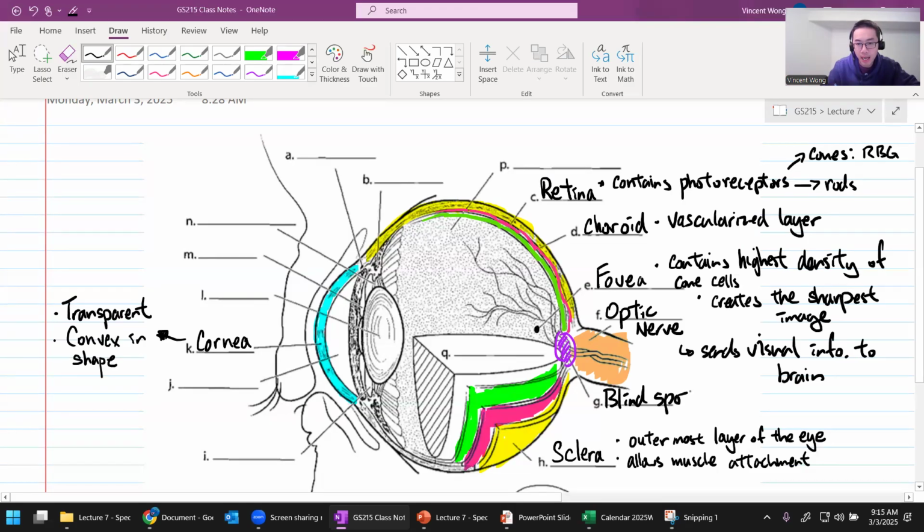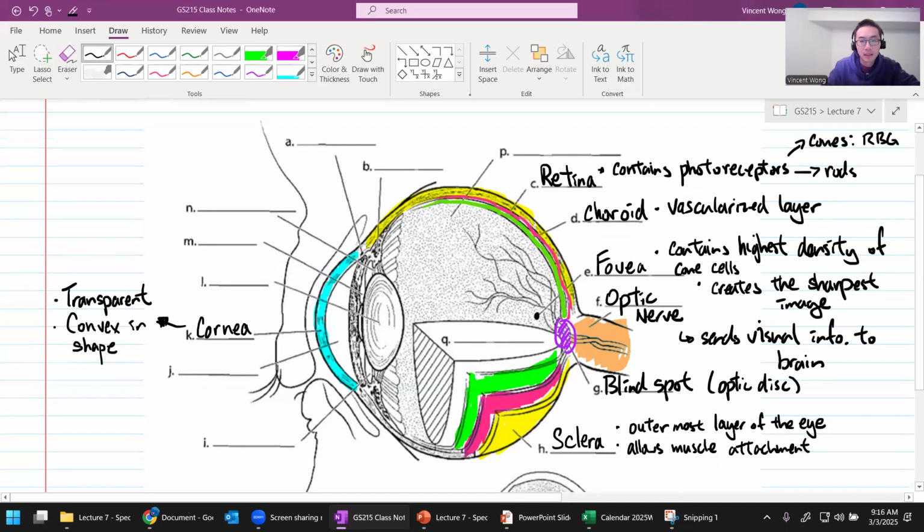Each eyeball has its own blind spot. We will learn how to find it in a bit. The blind spot is also known as the optic disc.